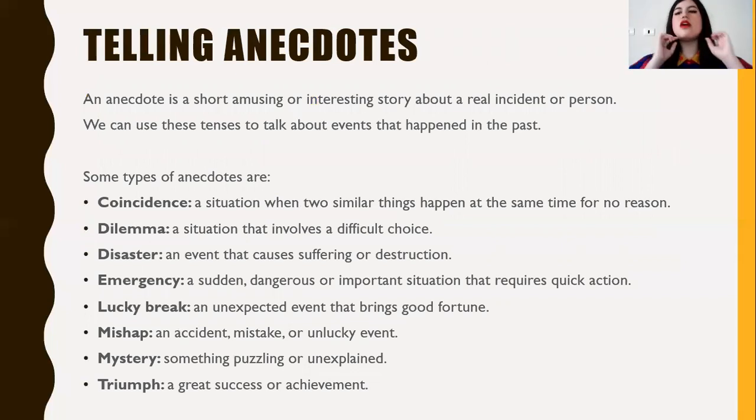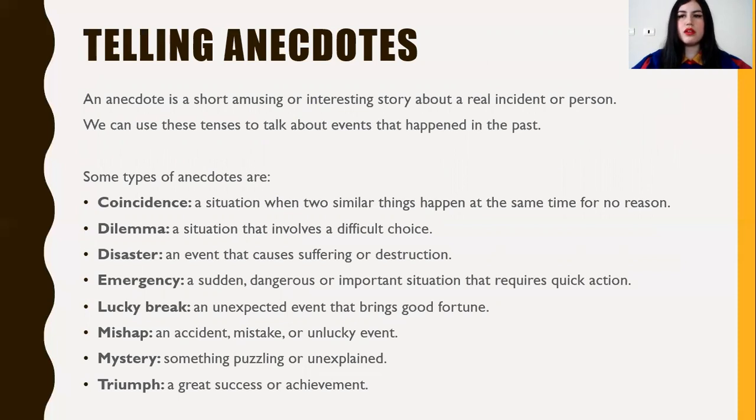Now, we can use all these tenses to talk about stories, as I said in the beginning, stories that happened to us, real stories, or stories that we heard someone else tell us about. So that's an anecdote. It's a short, amusing, or interesting story about a real incident or person.